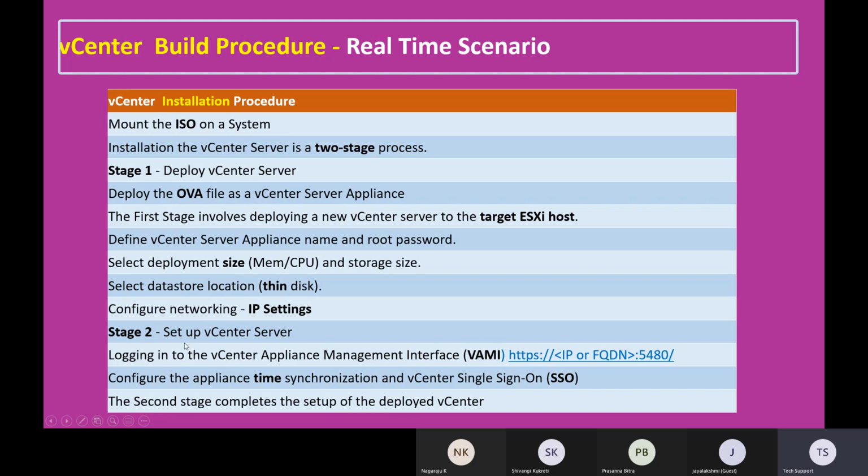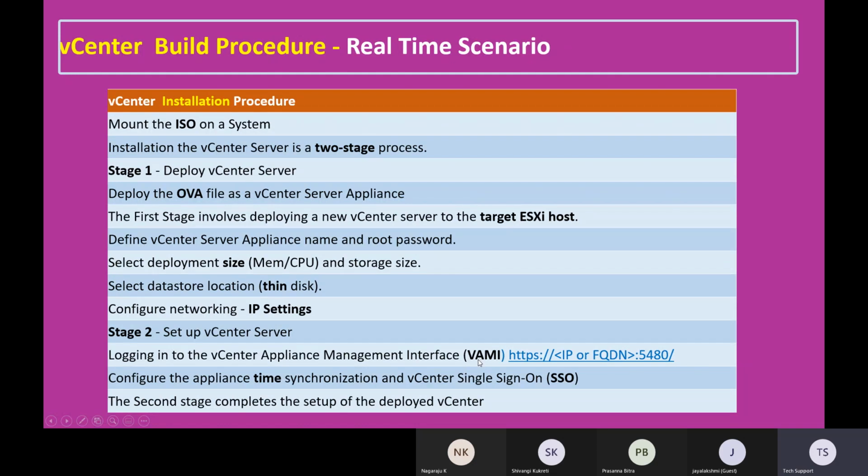By default, once we complete stage 1, it shows a message to log in to the vCenter Server Management Interface, the vCenter appliance management interface. In short form, we call it the VAMI portal. Don't confuse it: it is the VMware vCenter Server Appliance Management Interface.